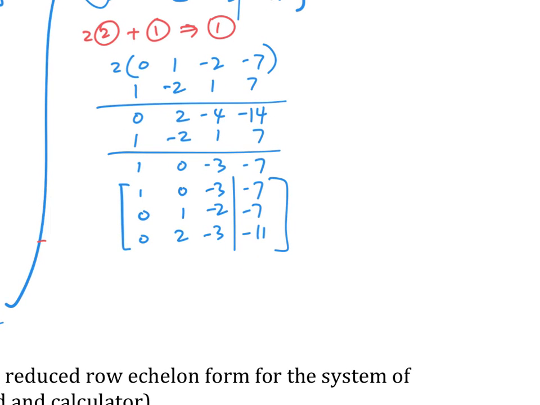All right, kind of almost done here. All right, so same thing. What I'm going to do is get rid of 2 using the same trick. So multiply the second row by -2, add to row 3, replace row 3.